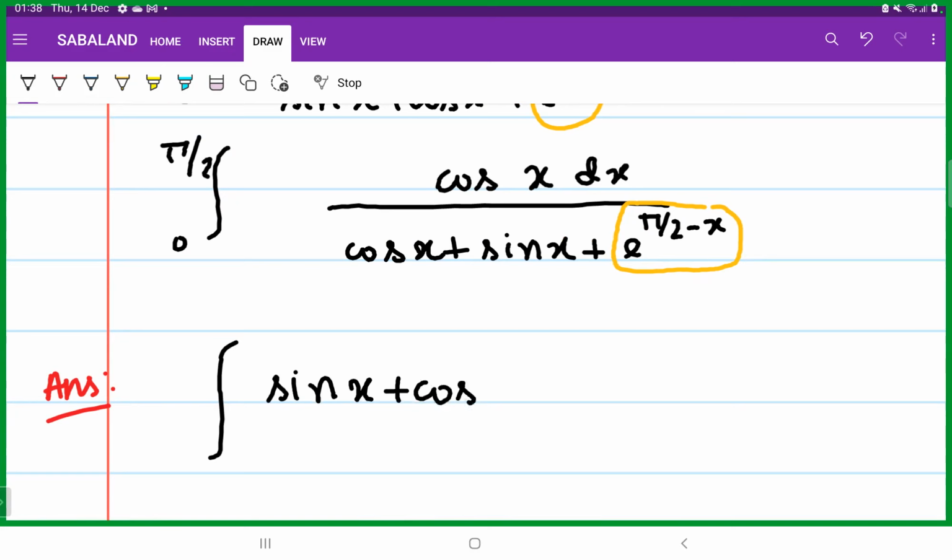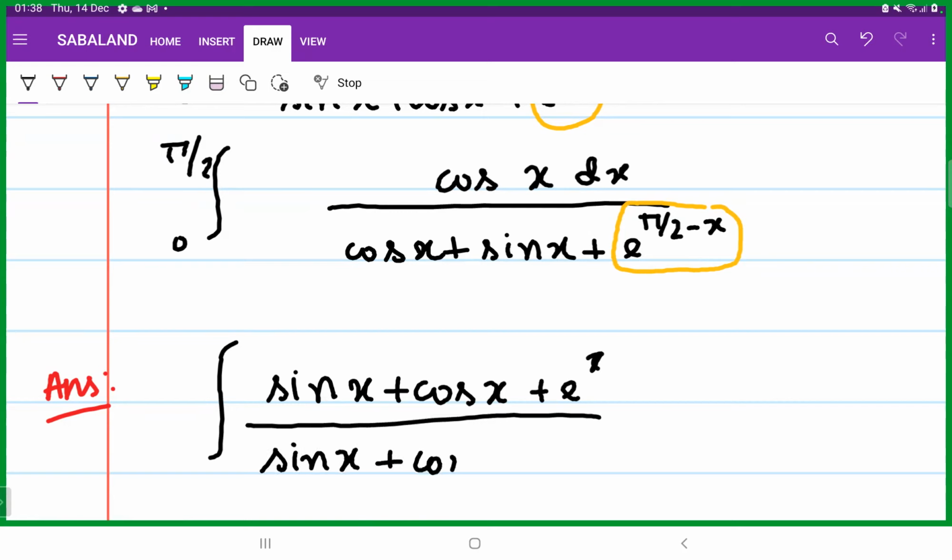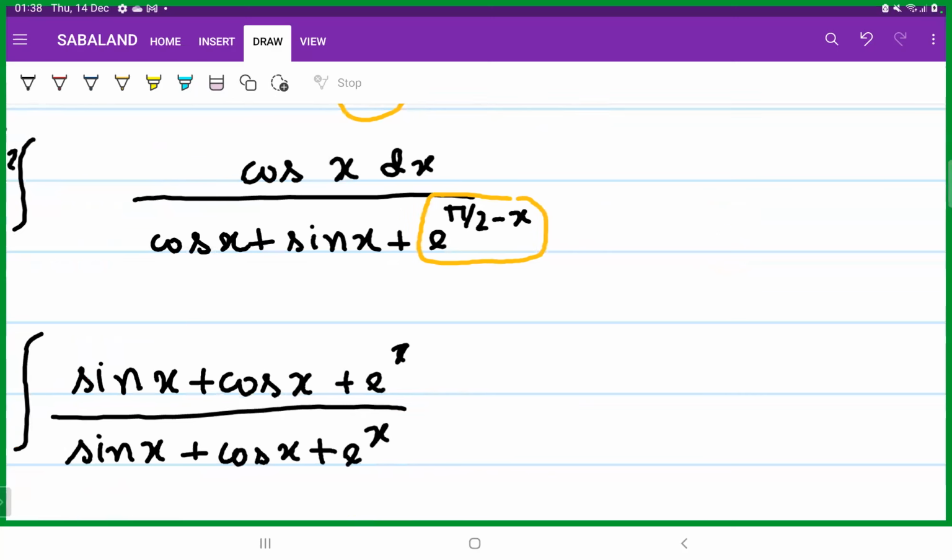So what I try to do is make the numerator and denominator the same so that I can cancel it out. Since we have got only sin x in the numerator, we have to cancel out the remaining terms.